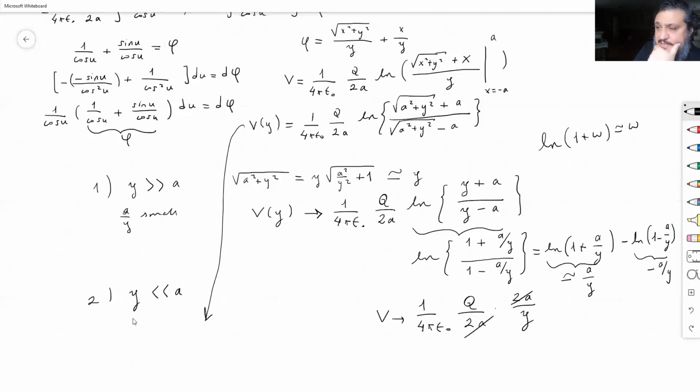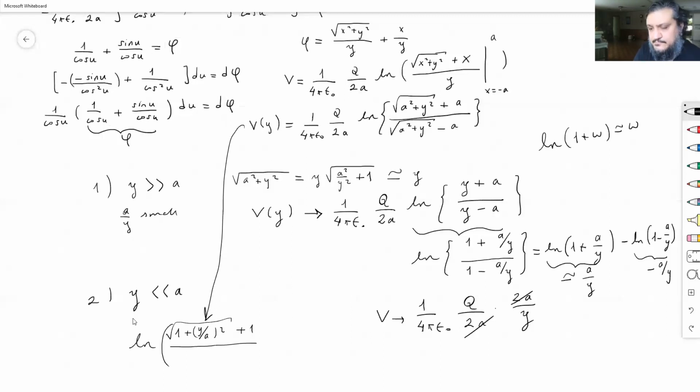You will have ln of the square root of 1 plus y over a squared, plus 1, in the numerator, and in the denominator the same thing with the square root of 1 plus y over a squared, minus 1.